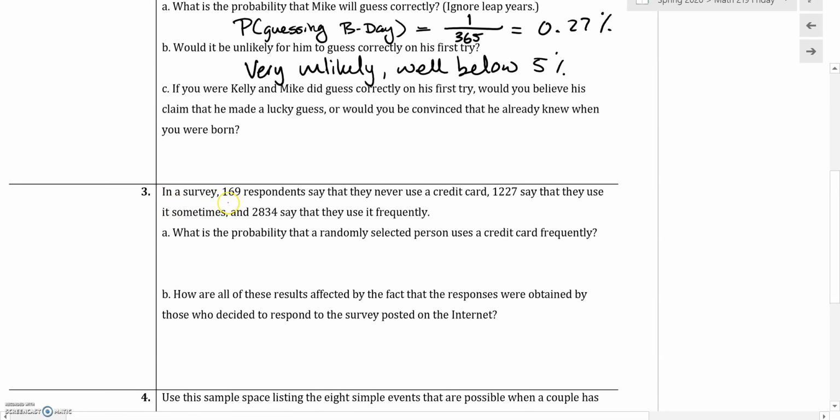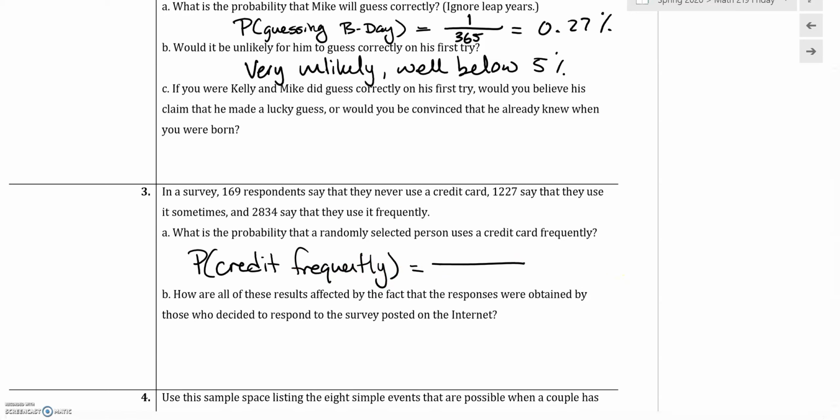It says, in a survey, 169 respondents say that they never use a credit card, 1,227 say that they use it sometimes, and 2,834 say they use it frequently. What is the probability that a randomly selected person uses a credit card frequently? So I want the probability of using credit frequently. All right, again, probability is looking for the number of outcomes or the number of ways to pull off a success, right?